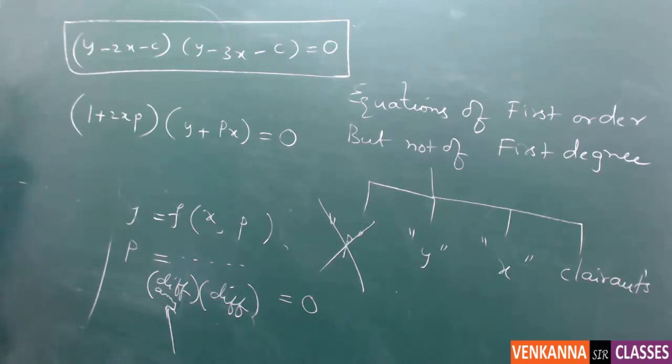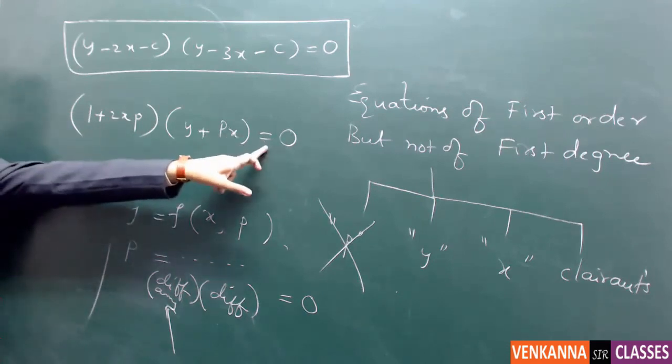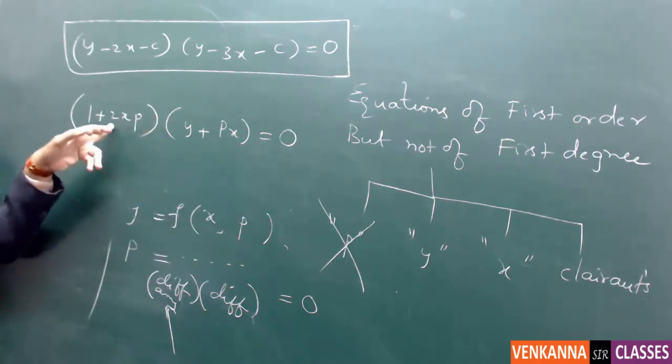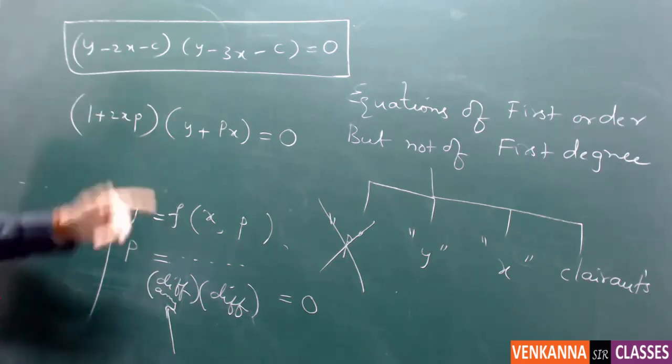Suppose this thing has occurred. So a product of two things happened. This value is equal to 0 and this value is equal to 0.